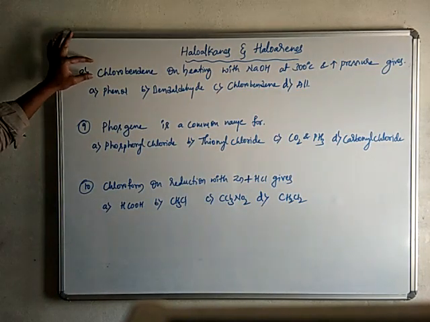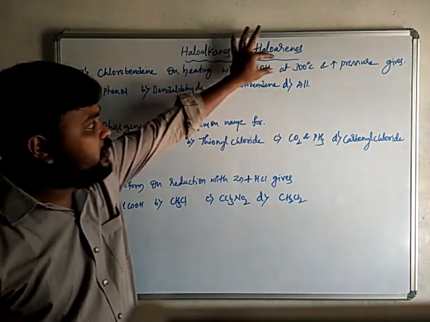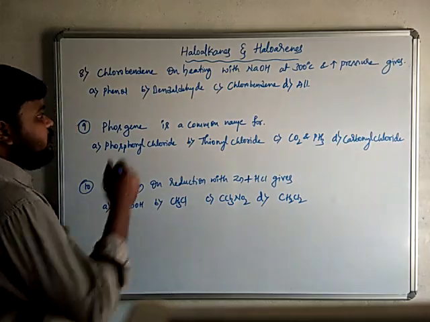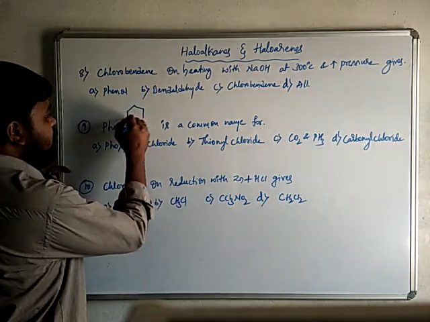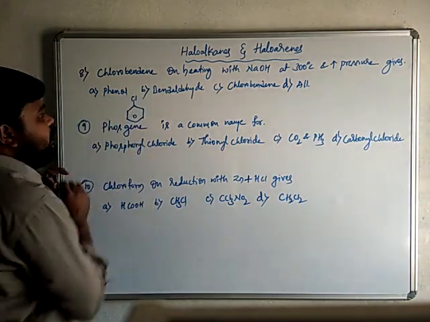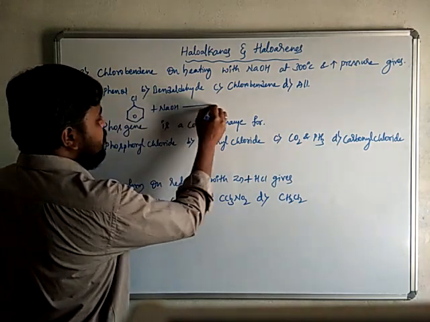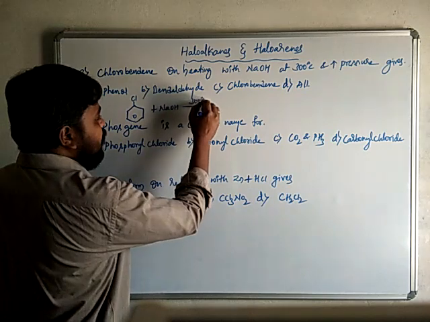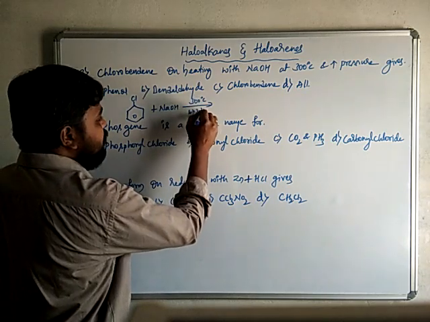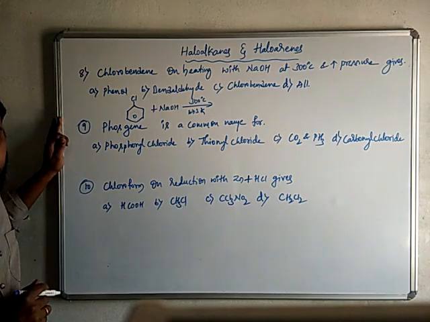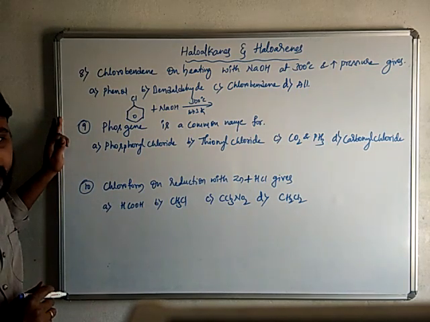So next question is, chlorobenzene on heating with NaOH at 300 degrees centigrade and high pressure gives. Chlorobenzene has this formula. When this reacts with aqueous NaOH at 300 degrees centigrade, that is 673 Kelvin, I told you already in the synopsis itself, haloarenes are less reactive towards nucleophilic substitution reaction.